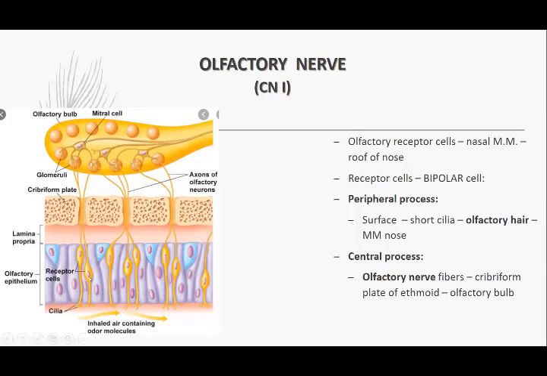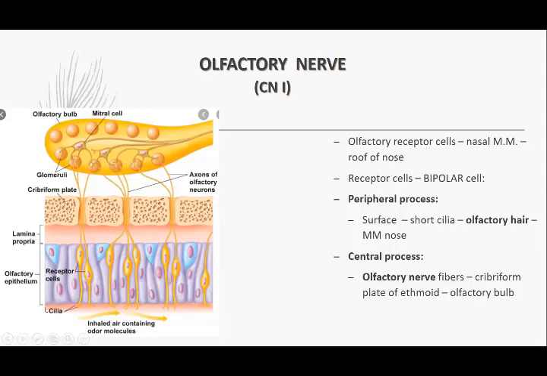These peripheral processes or dendrites of the bipolar cells actually extend up to the surface of this mucous membrane. At the surface of the mucous membrane you have secretions that arise from the mucous membrane.